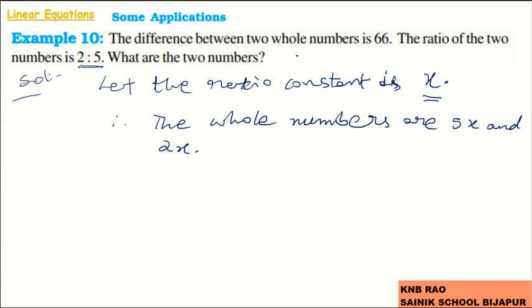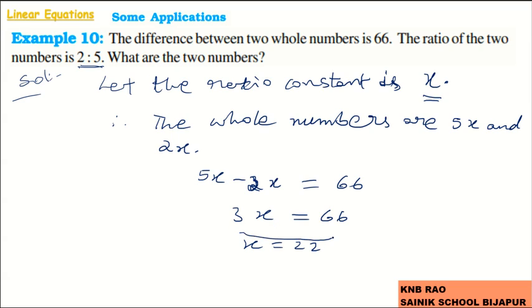The difference between the two whole numbers, 5x and 2x, is done by subtracting, which equals 66, that is 3x equals 66 and x equals 22.